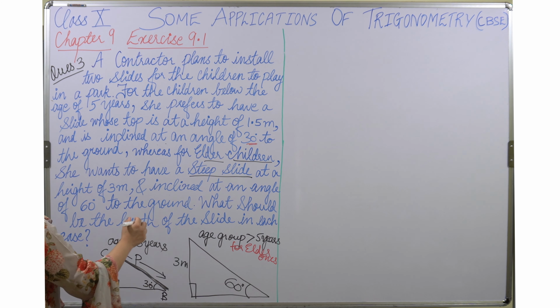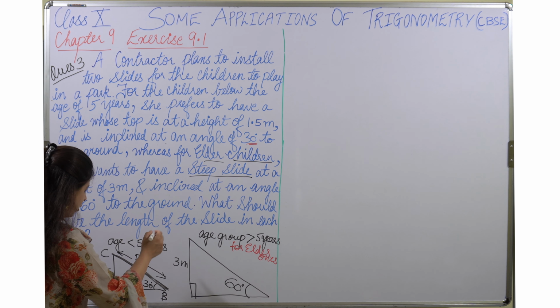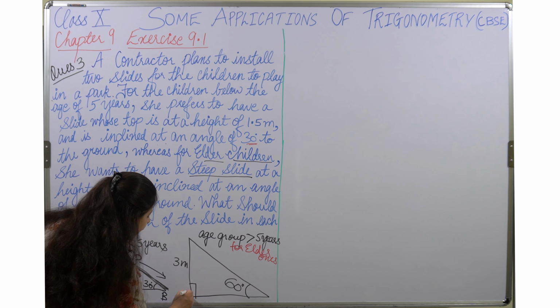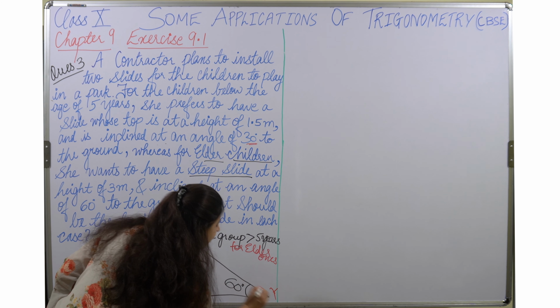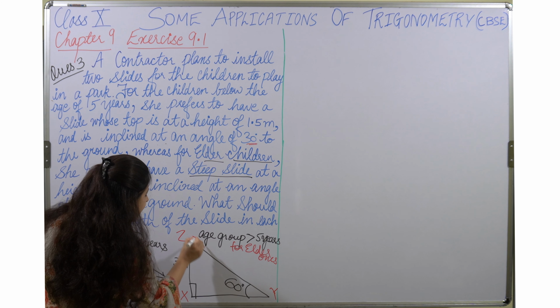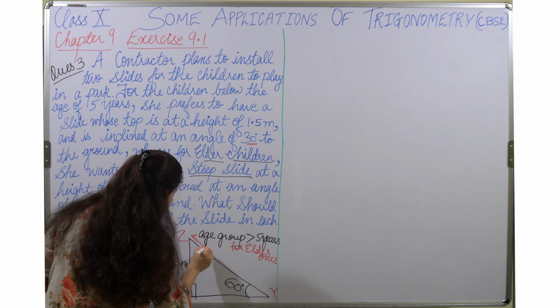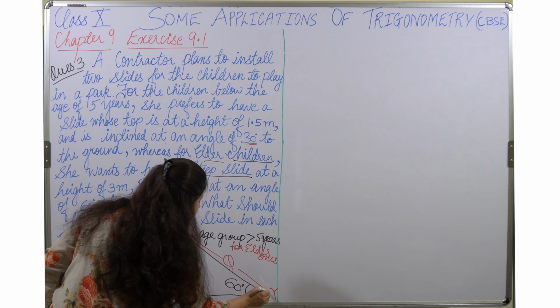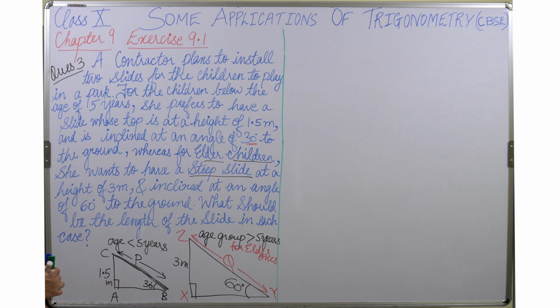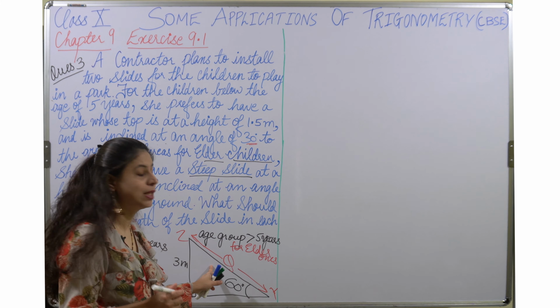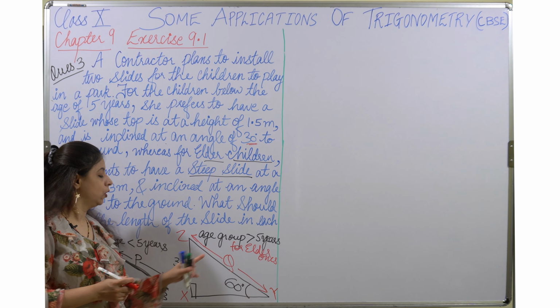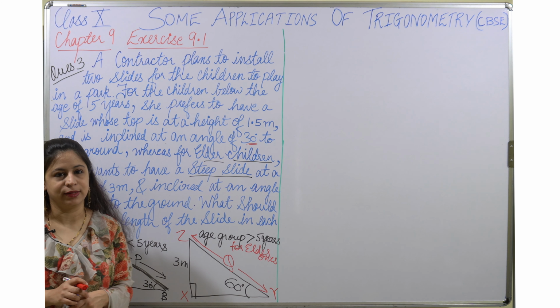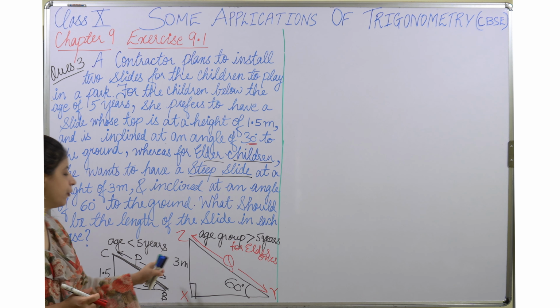Let us take this triangle to be X, Y and Z, and let us take the length of this slide to be Q. We are assuming P as the length of the slide for the age group less than 5 years, and Q as the length of the slide for the elder ones. So these are the figures.